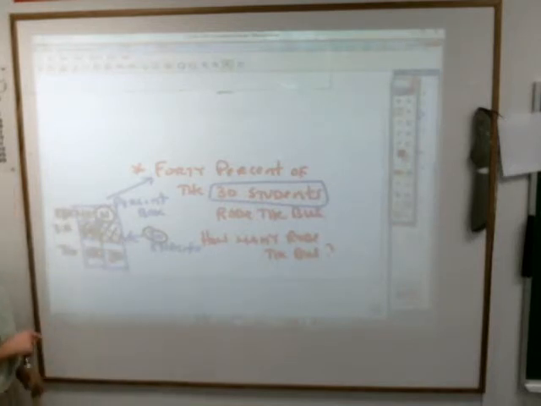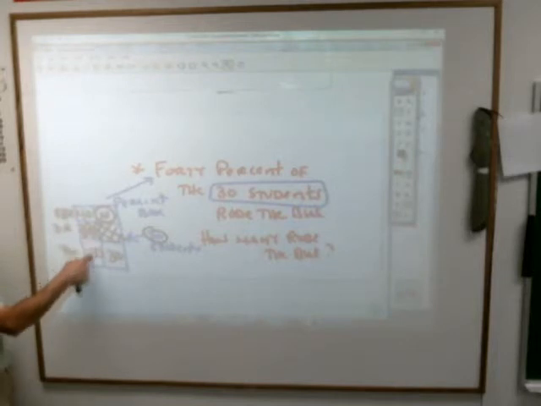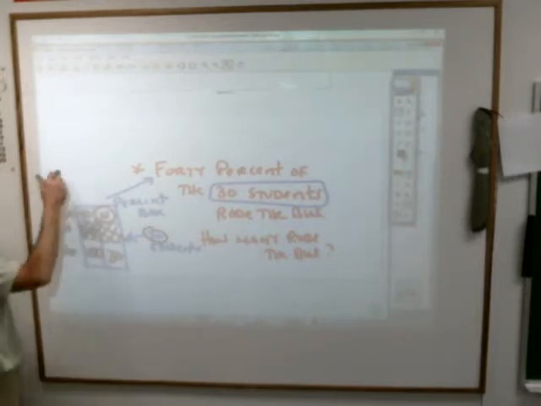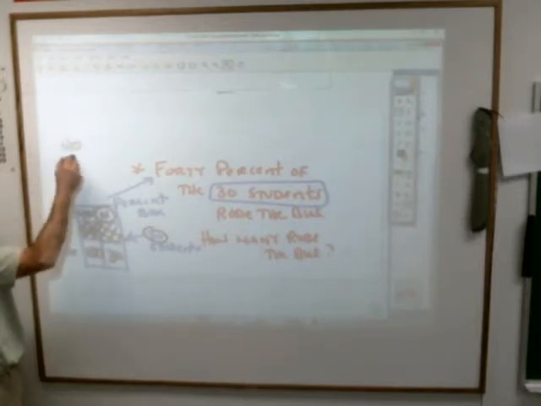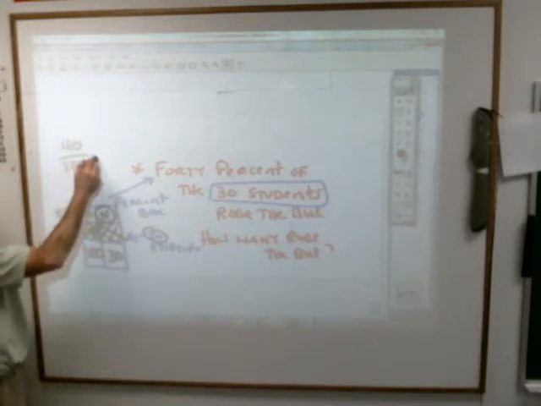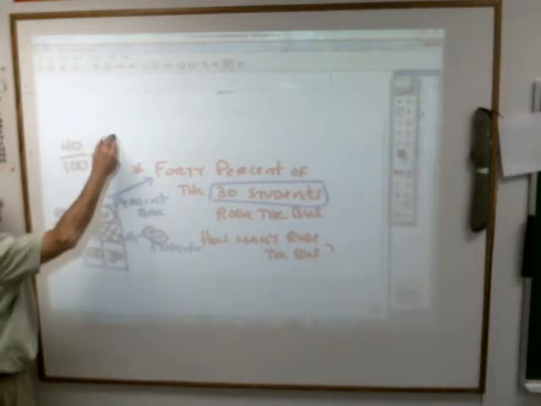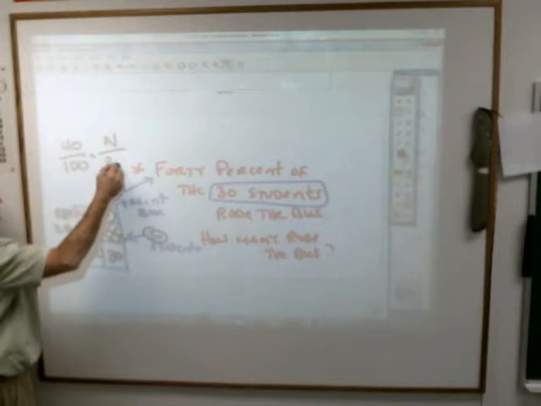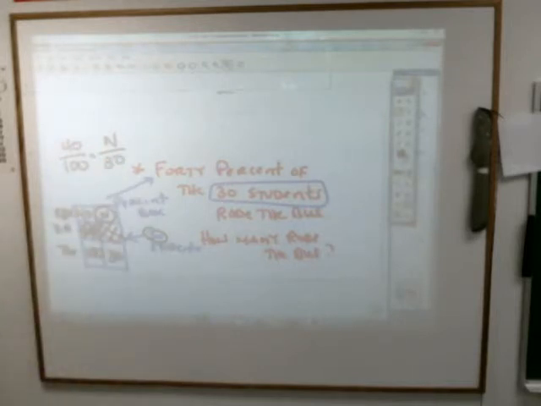So, you just need to look at this as being equal fractions. 40 over 100 equals some number over 30. Any idea how I'm going to do that? Seventh graders, how about this? First thing you always want to do, kids, is see if you can make the fraction easier to deal with.